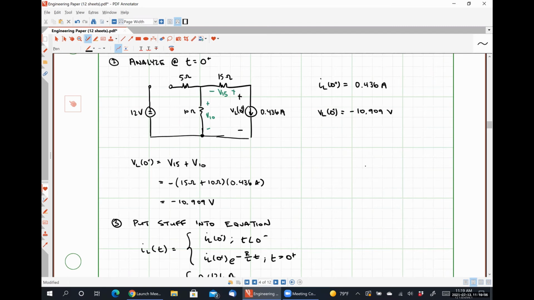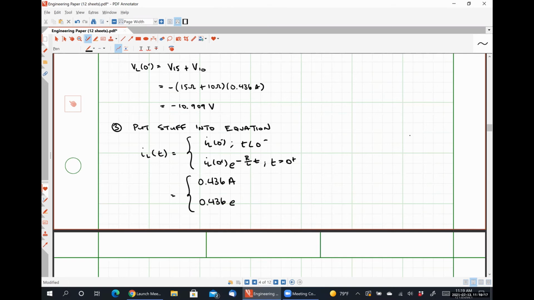So from the perspective of the inductor, during the transient condition, it sees an equivalent resistance of 25 ohms. So it should be e to the negative 25 divided by 0.2 t, so 25 over 0.2, 125, exactly what you said.